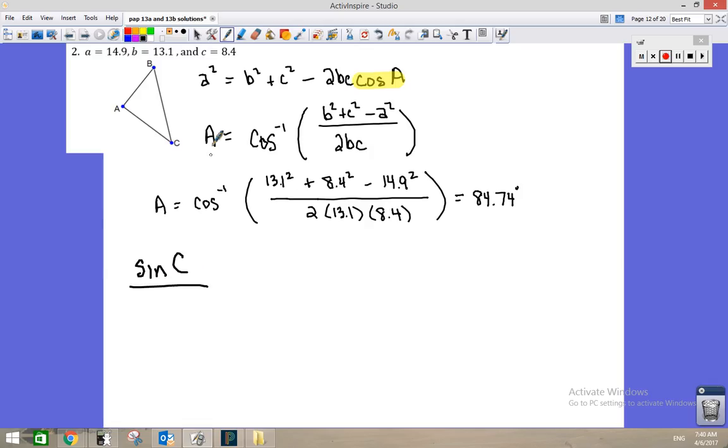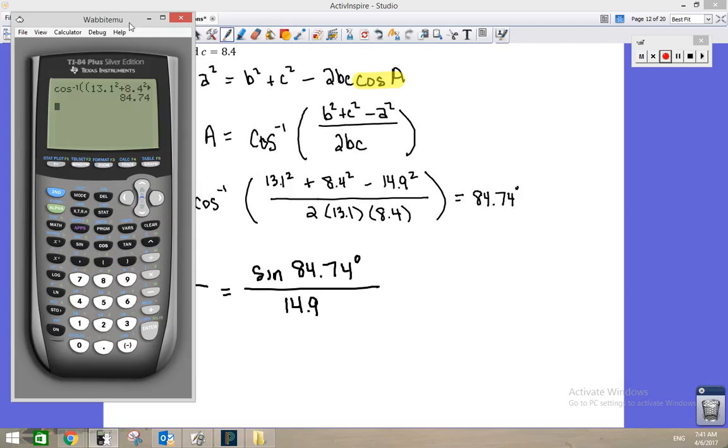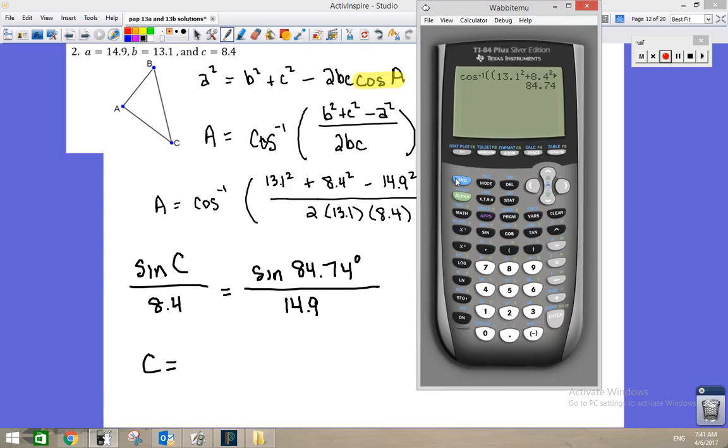So the sine of C over 8.4 equals the sine of angle A, 84.74, over the length of A, 14.9. So I can come in and take the inverse sine of 8.4 times the sine of 84.74.